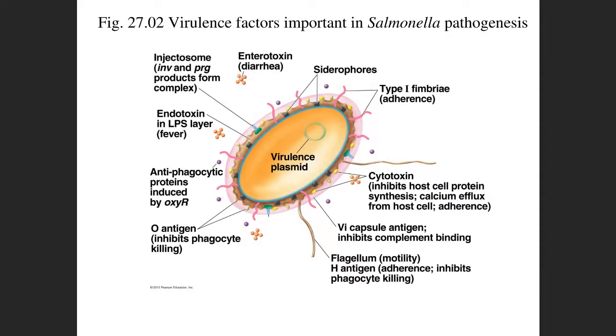Okay, so here's a graphic representation of some of the features. O antigen. Remember last time we talked about the bacteria E. coli called O157:H7, and the O referring to the O antigen.